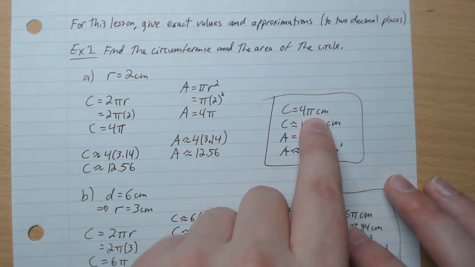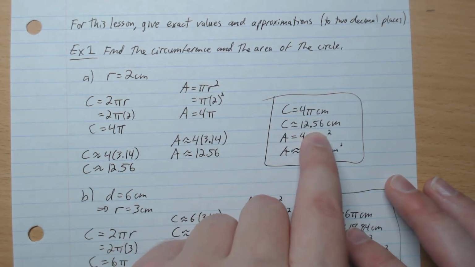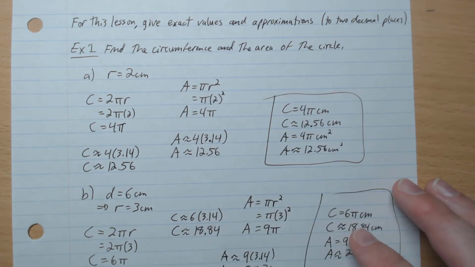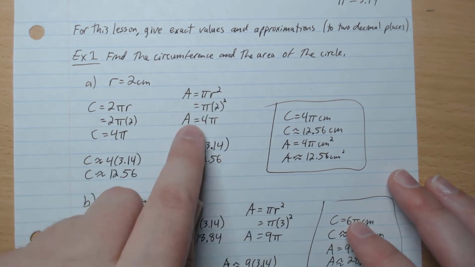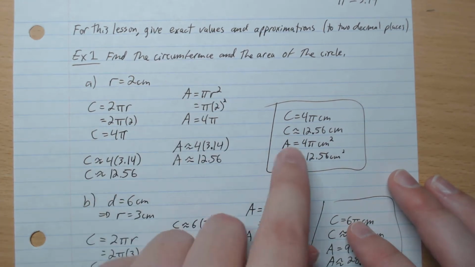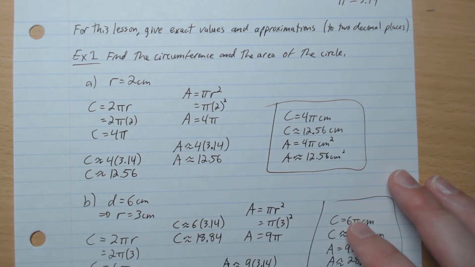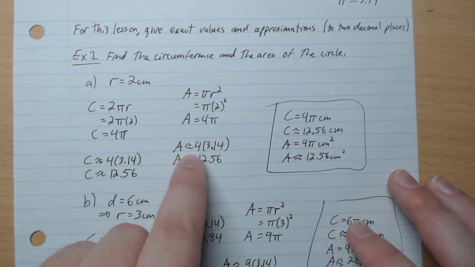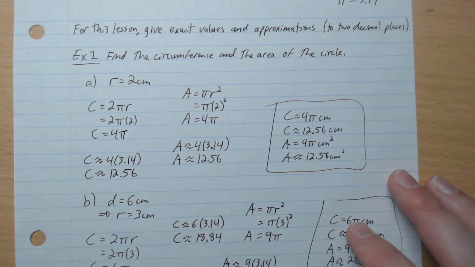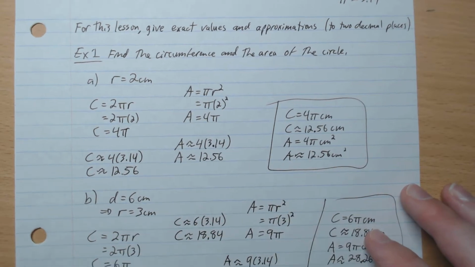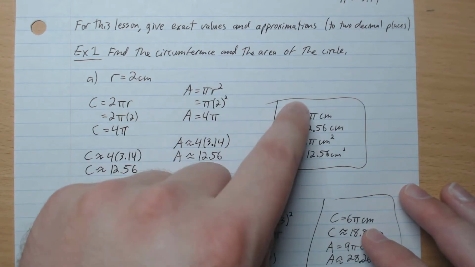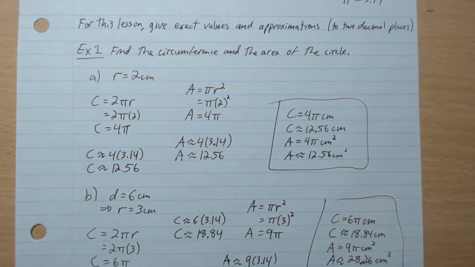So exactly is 4 pi, approximately is 12.56. Area, pi r squared, plug in 2, we get 4 pi. So area is 4 pi centimeters squared. Approximately 4 times 3.14, so area approximately is 12.56 centimeters squared. And they just happen to be the same. You don't run into that very often.